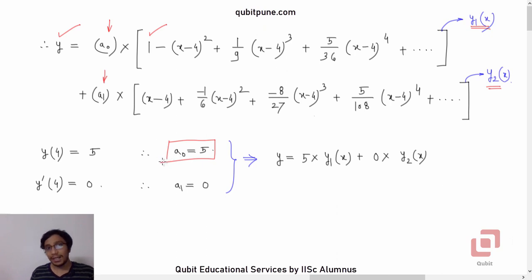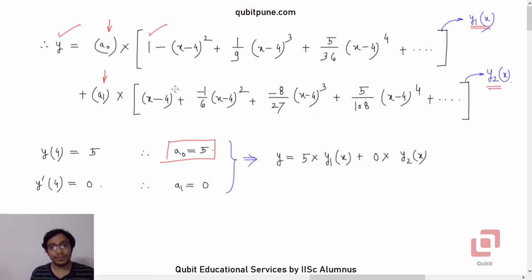Now if we take the derivative again by the manipulation theorem, the derivative will be a0 into 2 into x minus 4 plus 1 upon 9 into 3 into x minus 4 to the power 2. So every term in y prime, in the derivative of y1 of x, will have x minus 4 in it.